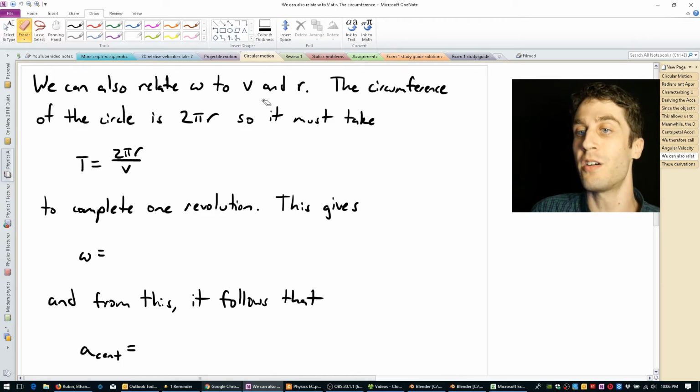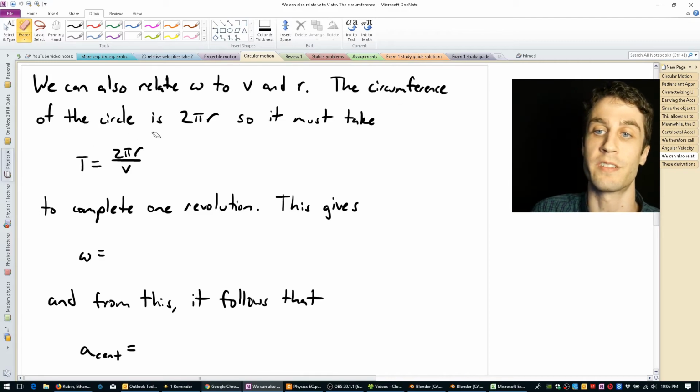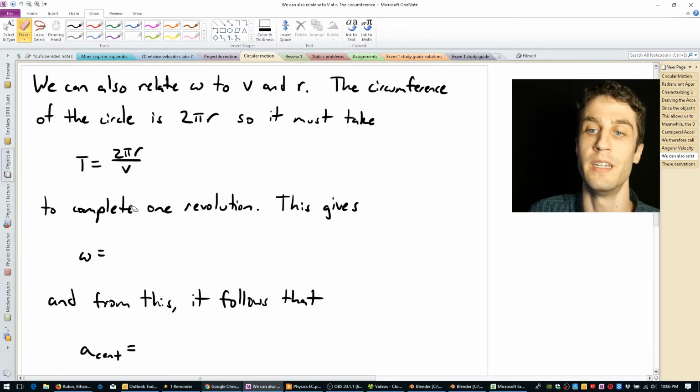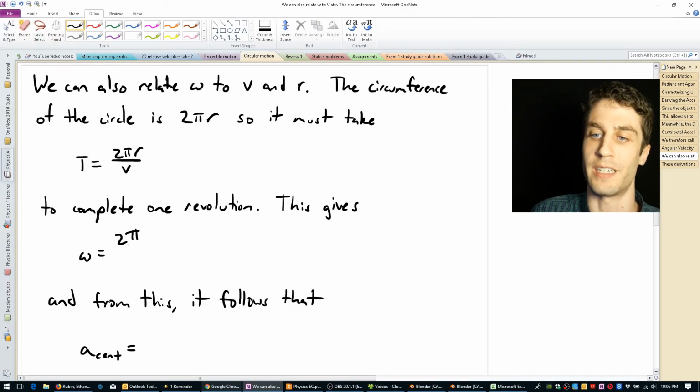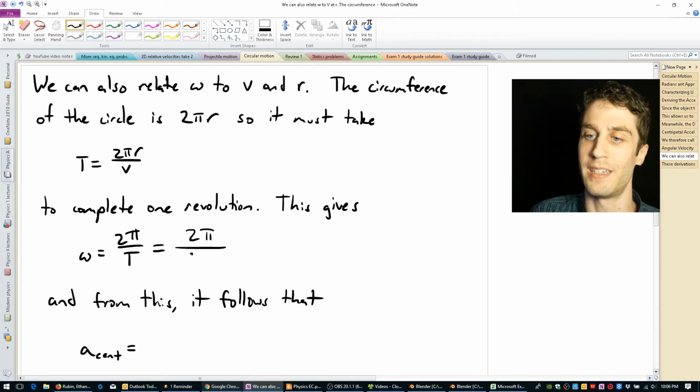And we can also relate omega to v and r. The circumference of the circle is 2 pi r, so it must take T equals 2 pi r divided by v, that's the circumference divided by the speed, to complete one revolution. This gives omega equals, I'll remind you, 2 pi divided by T, which now will be 2 pi divided by 2 pi r divided by v, and we have a fraction within our denominator.